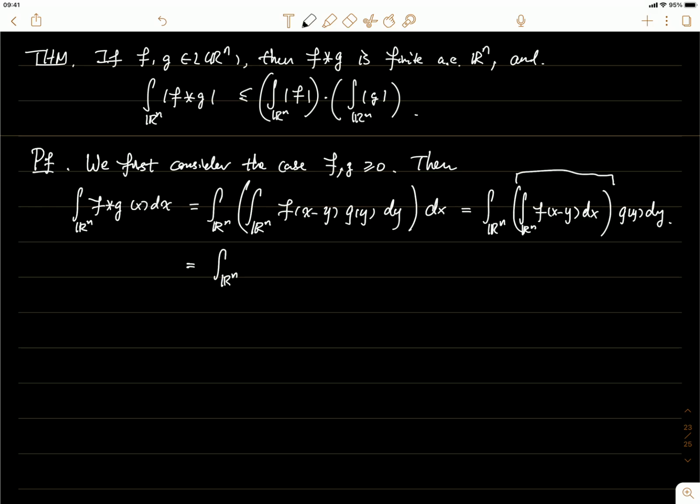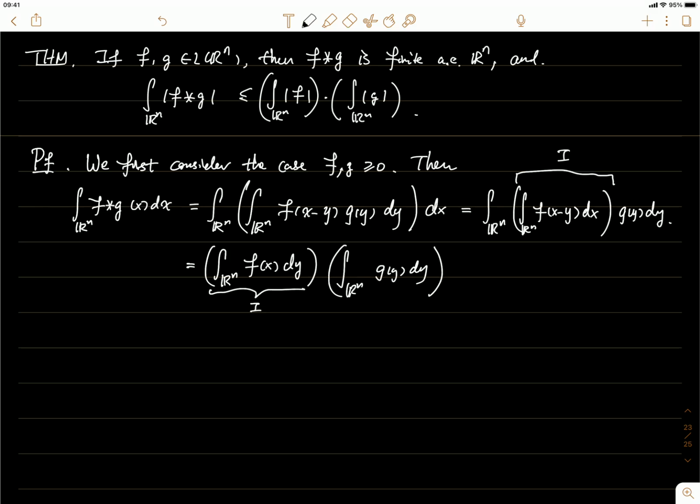So it's just the integral of f(x minus y) dx, but that's essentially just the integral of f, since we can shift the point x minus y to x. Then we also have an integral for the other term, g(y) dy.